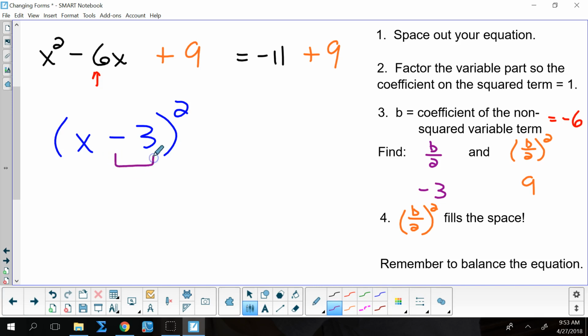And that's going to equal, in this case, negative 3. So x minus 3 squared, that's the whole thing of x squared minus 6x plus 9. If you would multiply that out, you'd get x squared minus 6x plus 9.